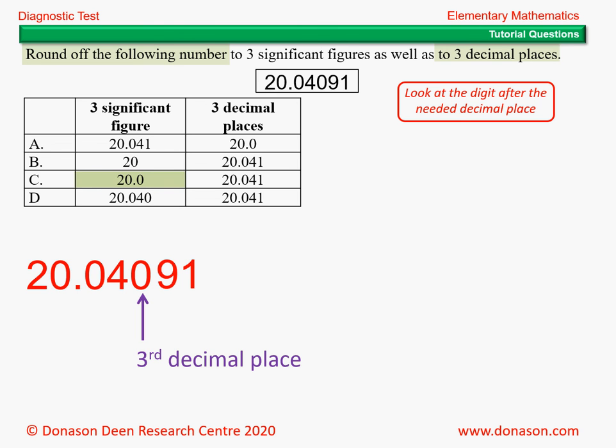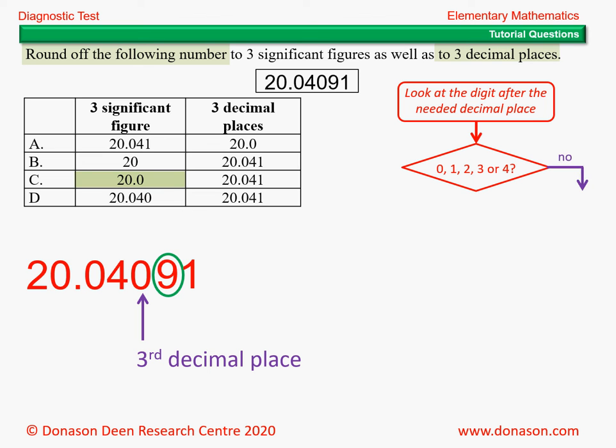Once again, what are the steps or the flow chart? We need to look at the digit after the needed decimal place. We need 3 decimal places, so we look at the digit after. In this case, of course we look at the number 9. Then once again you ask the question, is it 0, 1, 2, 3 or 4?